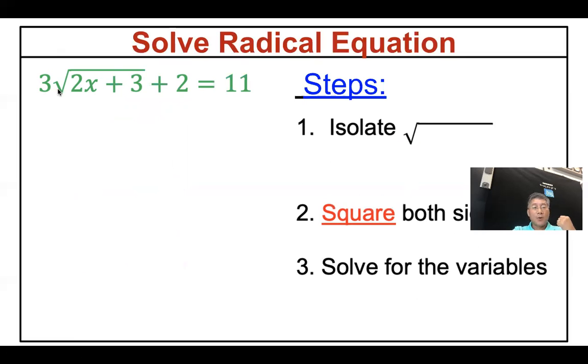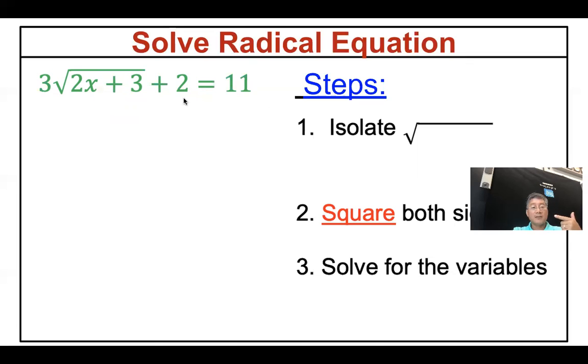Let's say the whole square root of 2x plus 3 is like a variable a, and 3 times a plus 2 equals 11, right? Then you know how to solve for a. In the linear, one variable, one equation, it's like a two-step equation, so you follow the same steps.